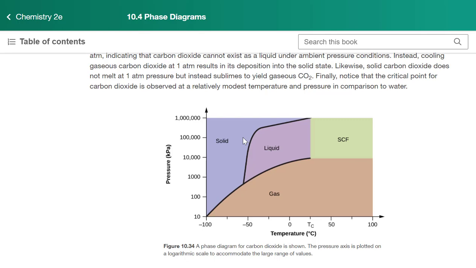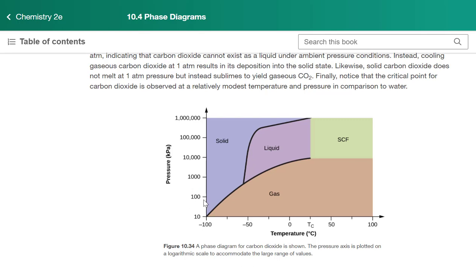But then also we see that we have a much higher triple point in terms of the pressure. I'm sorry, I said that backwards.